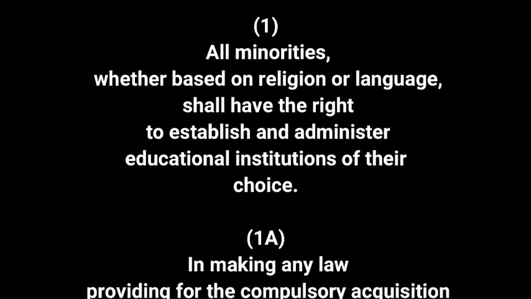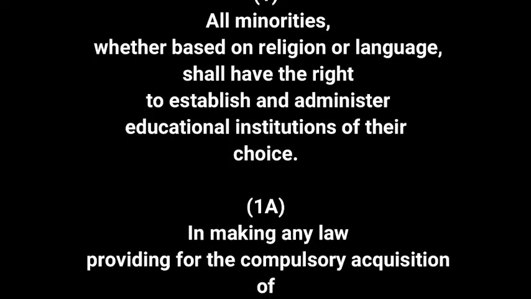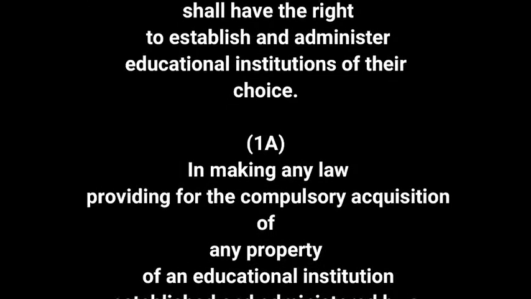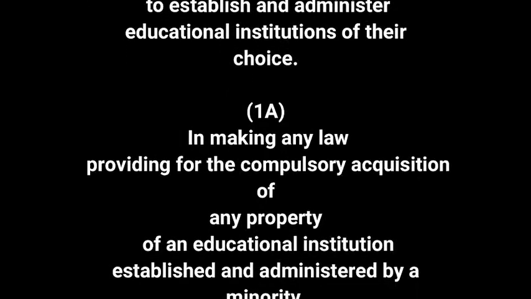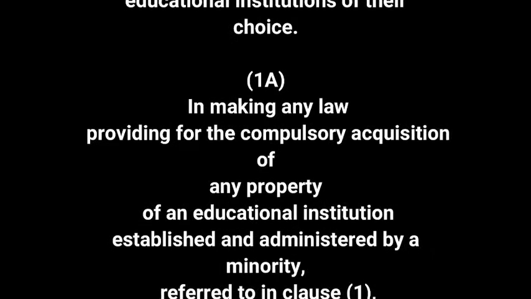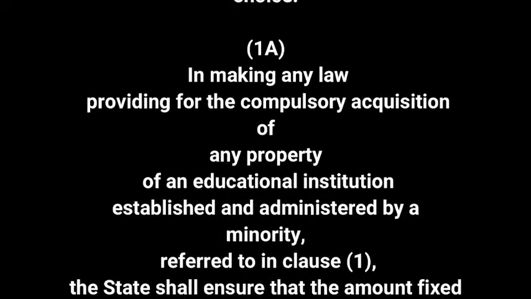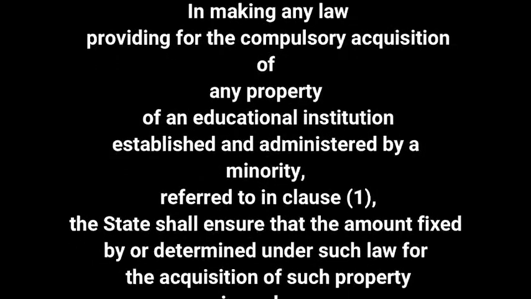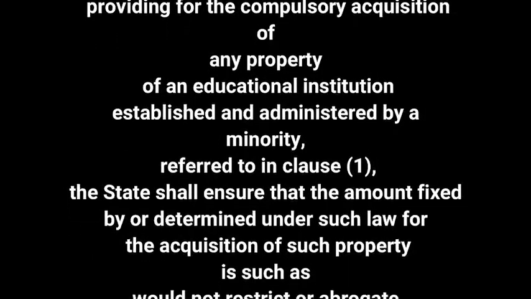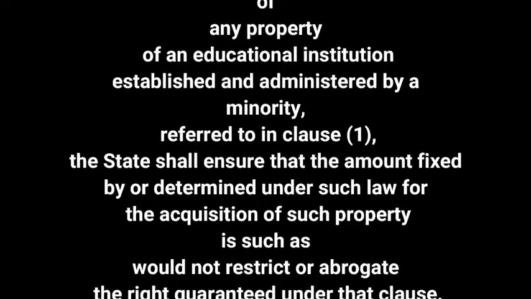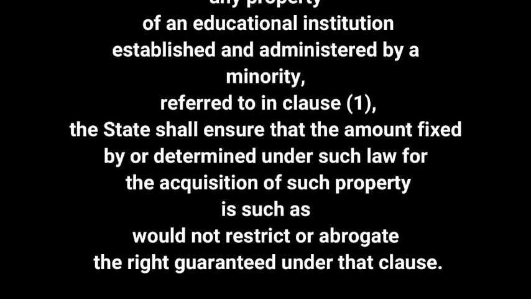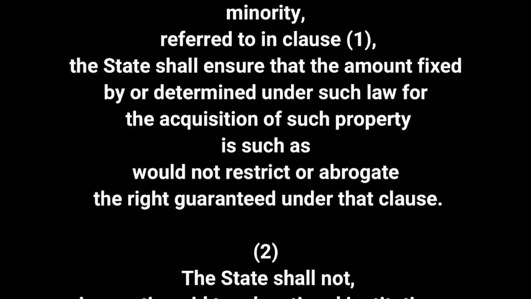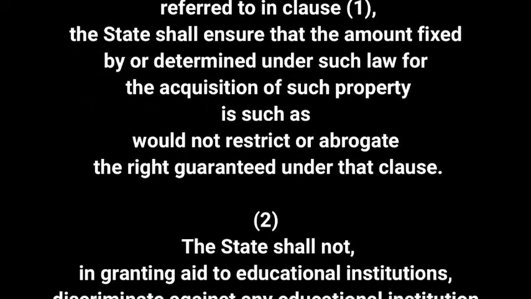1A. In making any law providing for the compulsory acquisition of any property of an educational institution, established and administered by a minority, referred to in Clause 1, the state shall ensure that the amount fixed by or determined under such law, for the acquisition of such property, is such as would not restrict or abrogate the right guaranteed under that clause. 2.